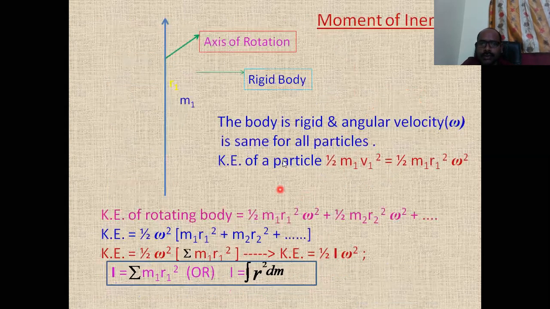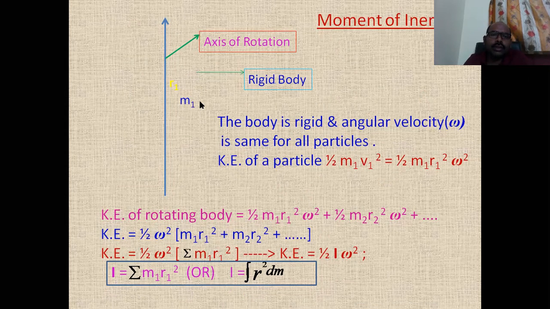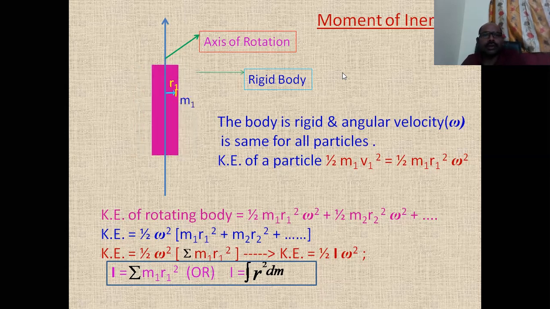We see the next one, moment of inertia. Here we are considering an object rotating about one axis. So here I am considering a rectangular slab. The rectangular slab rotates about this point.